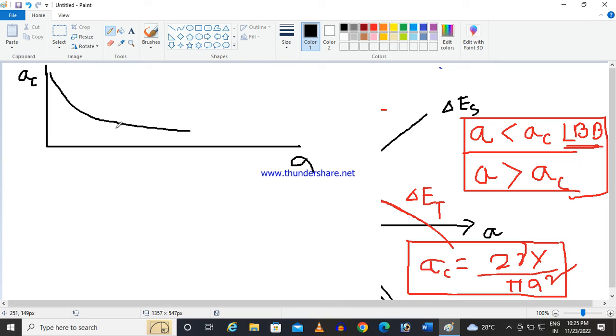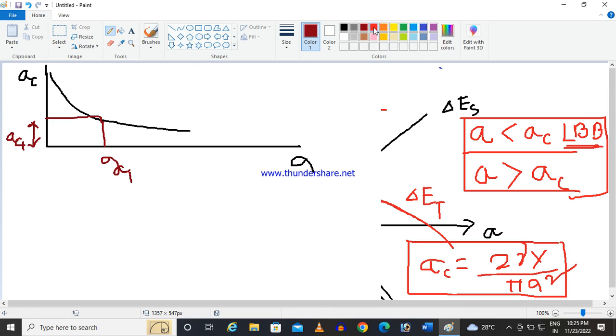Now take a certain particular point here. Say this is sigma A1. For that, this is your critical crack length.